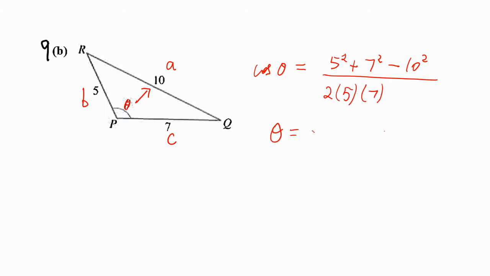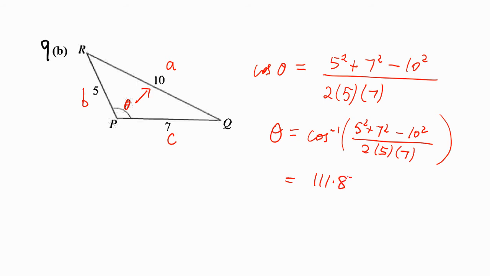So theta is the cosine inverse of this whole thing, which equals 111.8 degrees, 1 decimal place for angles. Okay, that's all.